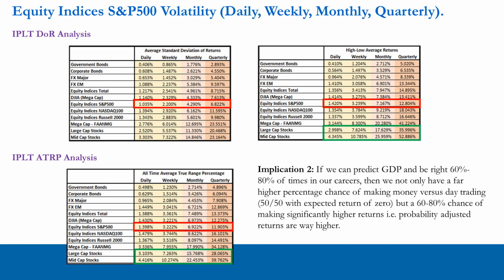Why? Because we're not utilizing the S&P 500, we're utilizing stocks, okay, which are more volatile. And specifically, we're utilizing large cap and mid cap stocks as proxies to build portfolios for our future view, our future prediction of gross domestic product.